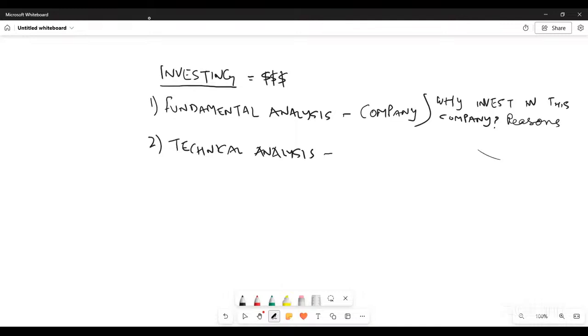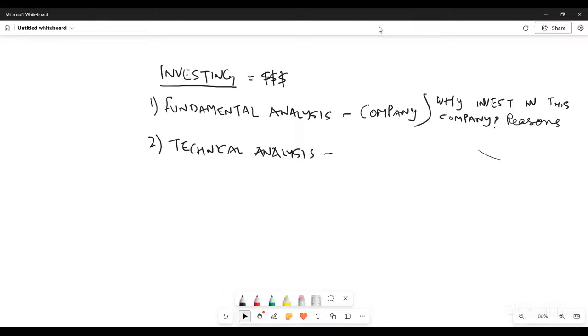The second way to look at the company is through technical analysis. Who's going to tell me what is technical analysis? Fundamental analysis is basically long term.